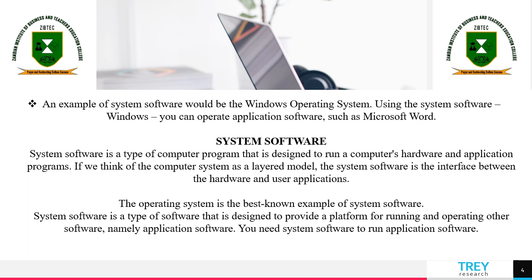Okay, so under the same system software, we are saying it is a type of program that is designed to run a computer's hardware and application programs. If we think of the computer system as a layered model, the system software is the interface between the hardware and user applications.